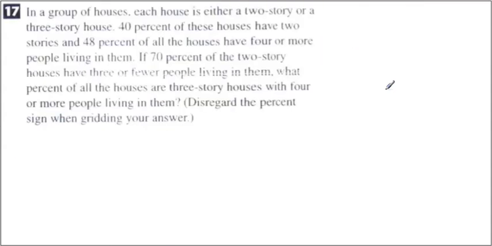Number 17. In a group of houses, each house is either a 2-story or 3-story house. Now 40% of these houses have 2 stories, and 48% have 4 or more people living in them. So when you think about it, we are actually looking into 2 different categories here: whether houses are 2-story or 3-story, and whether the house has 4 or more people living in it, or 3 or fewer people.